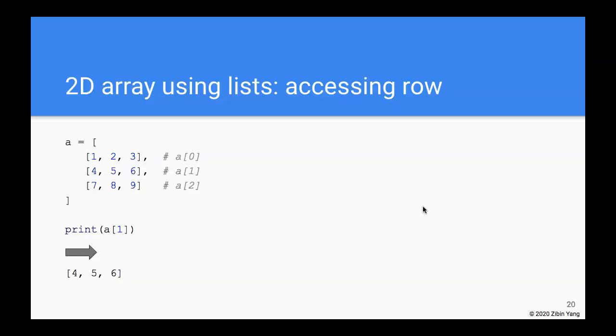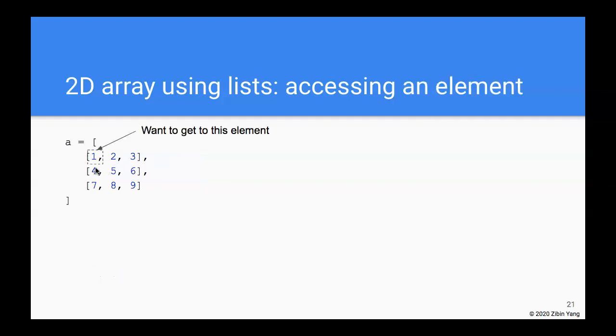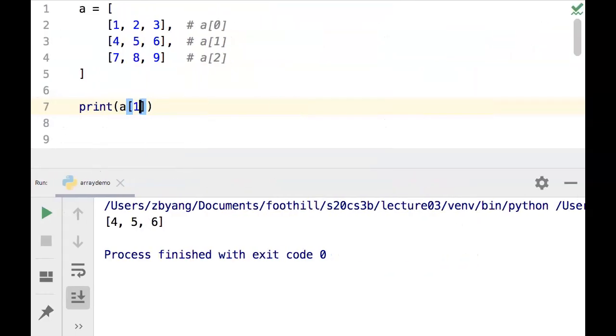Furthermore, what if we get down to even smaller units, like a particular element of the 2D array? We know we can get to the first row, which is element 0 of the outer list, by using A[0], and that gives us 1, 2, 3.